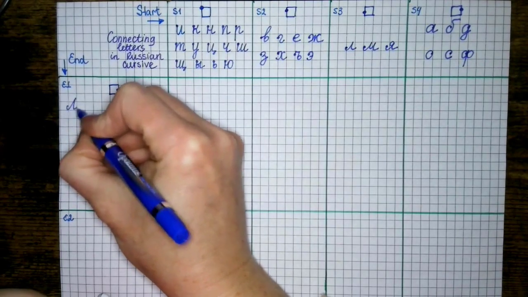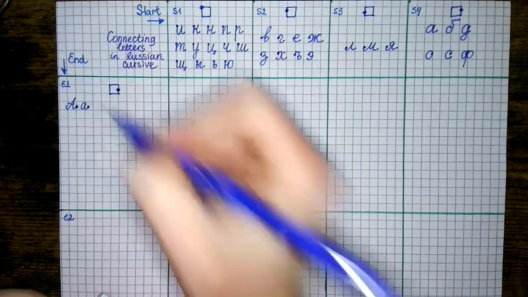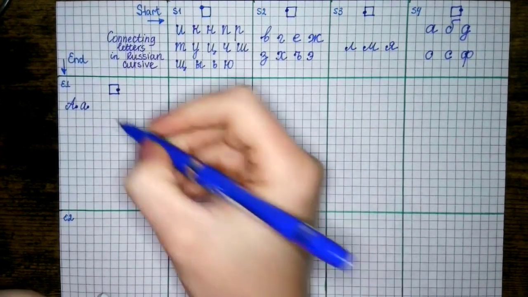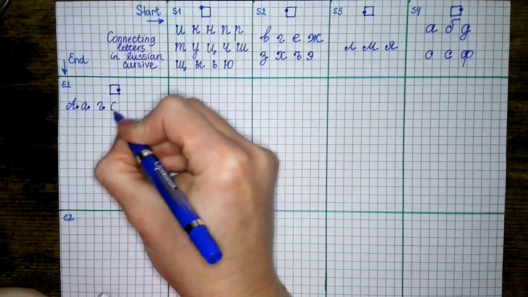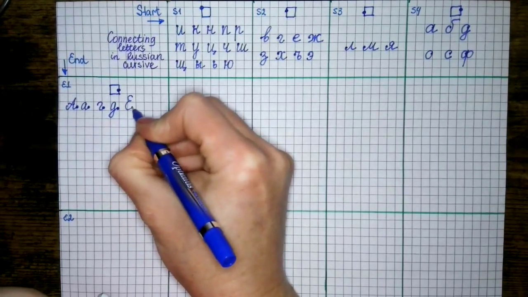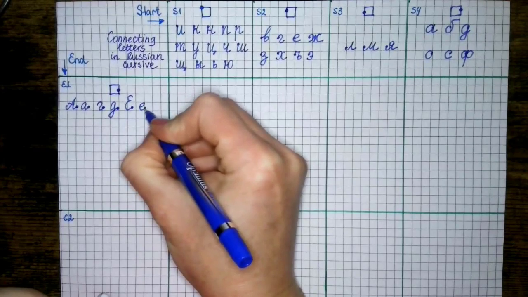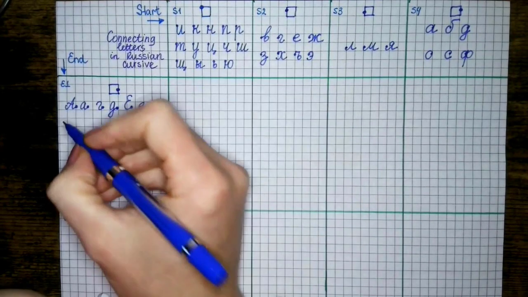We have both capital and lowercase A letters. We have the lowercase g, lowercase d, both capital and lowercase y, and of course yo would fall into this category too.